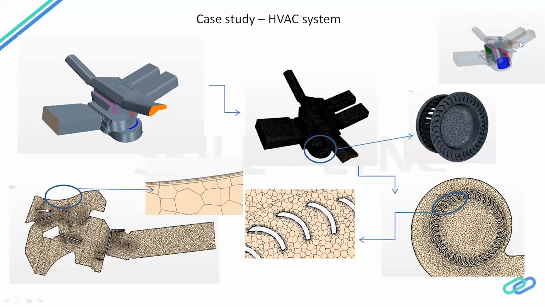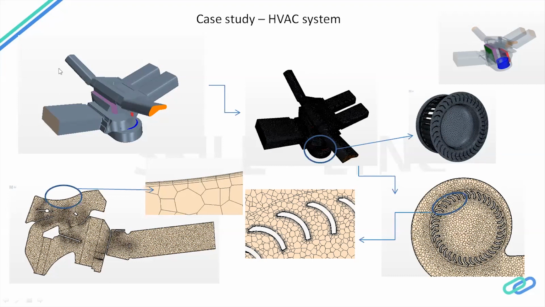These outlets are connected to the IP, the instrument panel of your vehicle. These 2 outlets will be connected to the passengers straight in front, and these will be connected to the outlets nearer to the side windows or side glass.